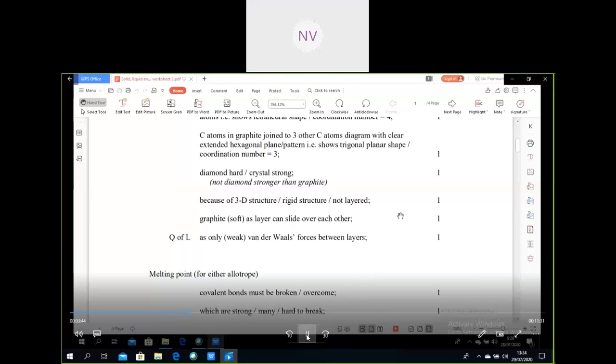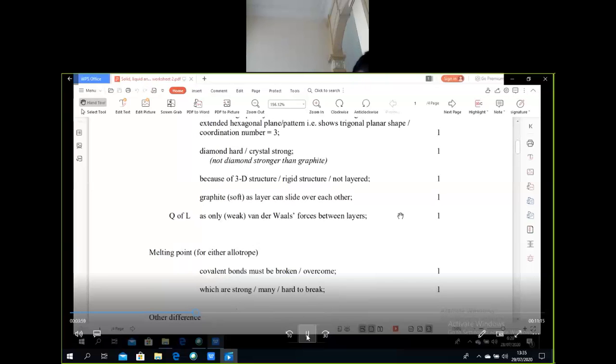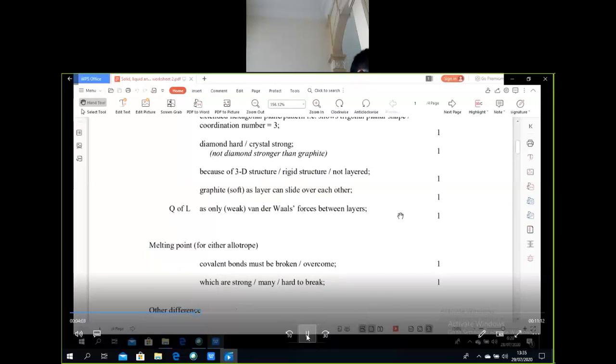Why? Because both of them have a giant covalent network, and a giant covalent network requires high temperature to overcome the strength of the covalent bonds.